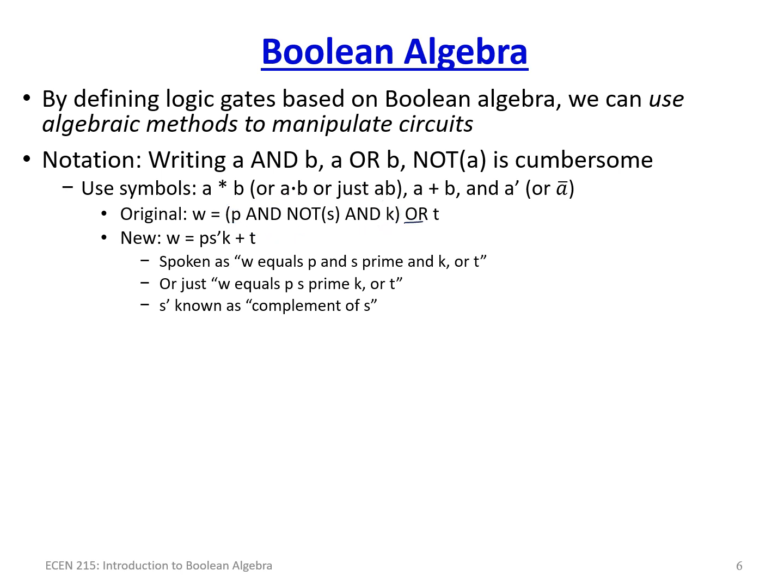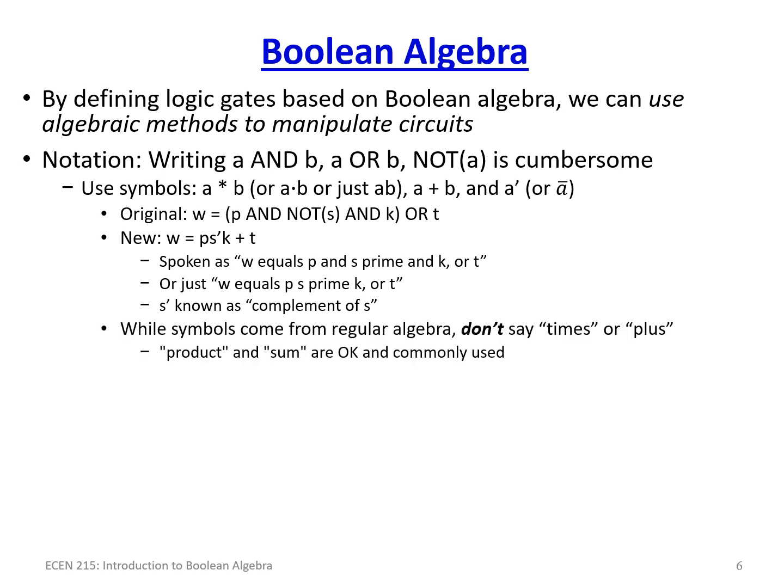And then it's OR T, where we have the plus sign here, T. So we speak it as W equals P and S prime and K, or T, where S prime is the complement or the inverse, not of S.